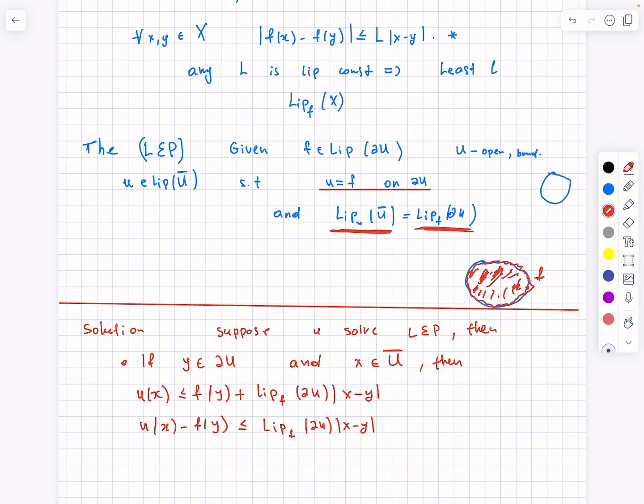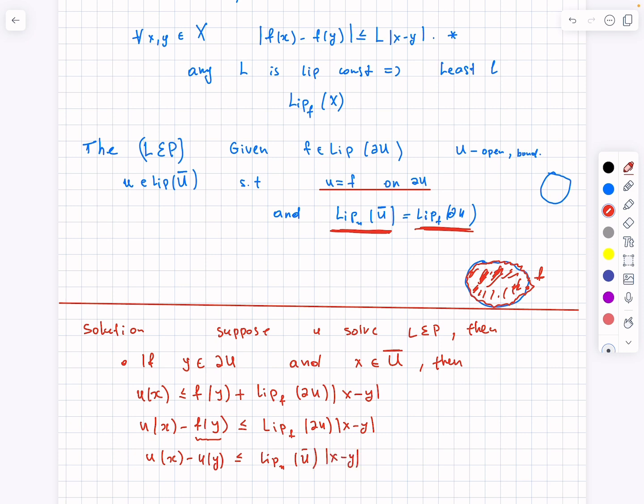If x is also in the boundary, then the problem is solved because on the boundary f(y) is equal to u(y), |u(x) - u(y)| is less or equal, and Lipschitz of f on the boundary is equal to Lipschitz of u on the whole domain, times |x - y|.